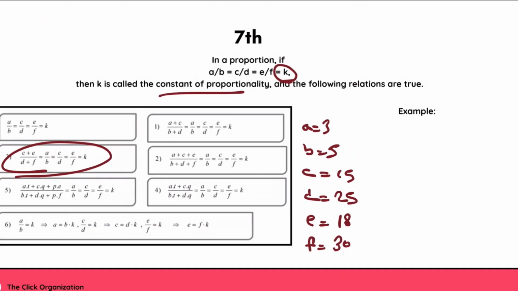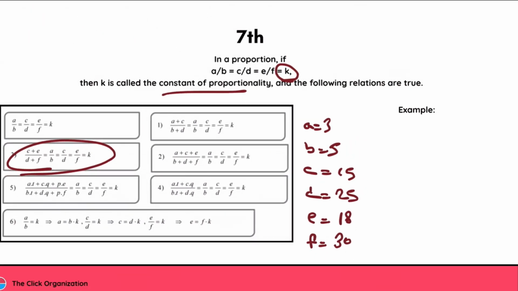And let's just put them instead of their alphabet. So 2 by 2, these numbers are equal to 0.6, right? 0.6. So let's see whether this relation equals 0.6 if I put the numbers instead of these alphabets.